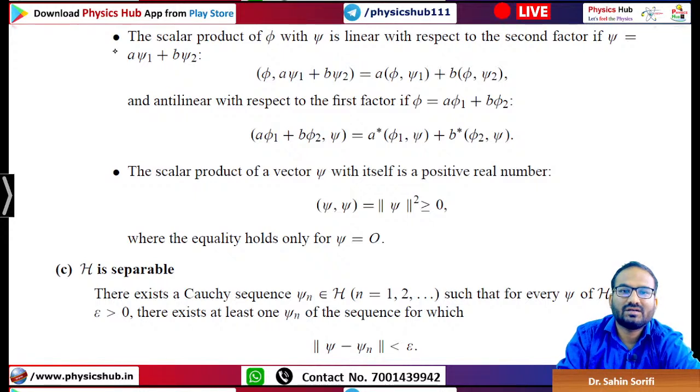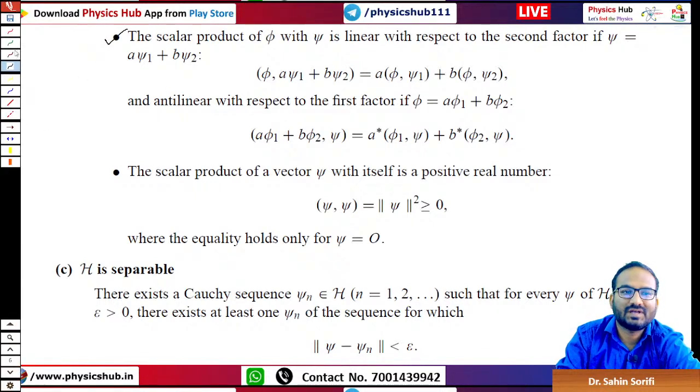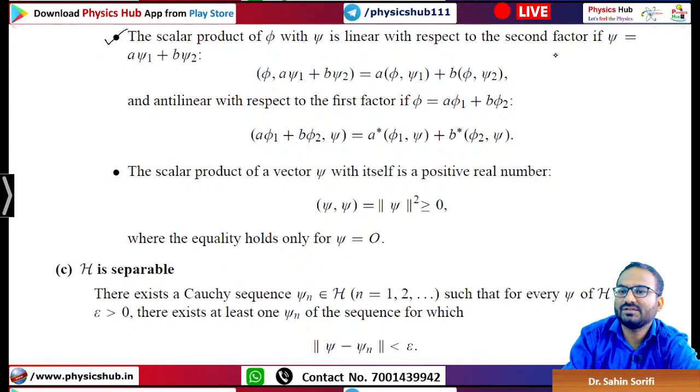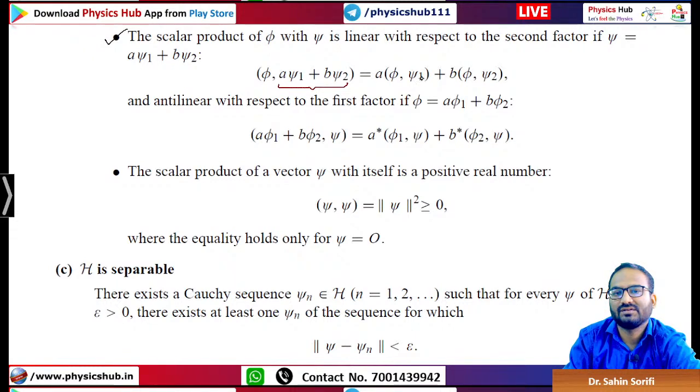The scalar product of phi with psi is linear with respect to the second factor. Linear with respect to the second factor means whatever terms will be here, with respect to that, it is linear. So ⟨phi|a psi1 plus b psi2⟩, you see this scalar a is coming out: a ⟨phi|psi1⟩ plus b ⟨phi|psi2⟩. Antilinear with respect to the first factor.